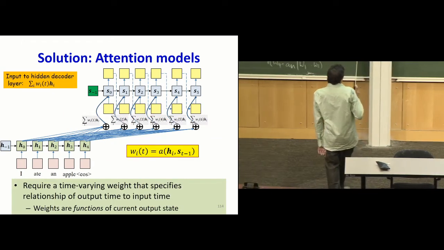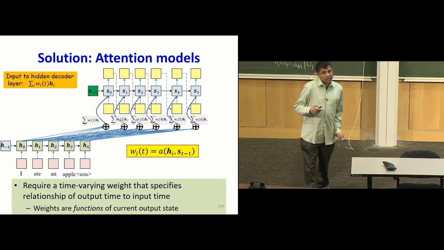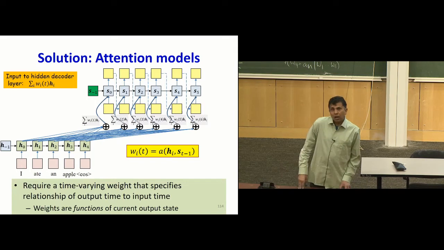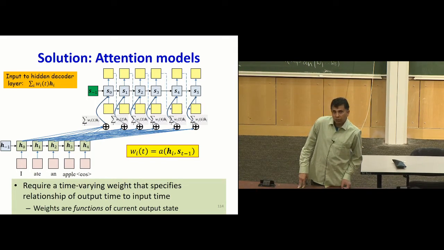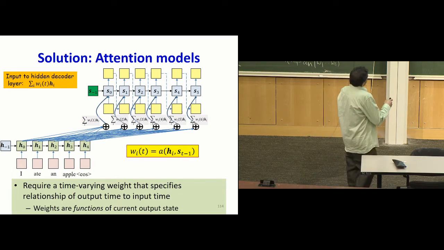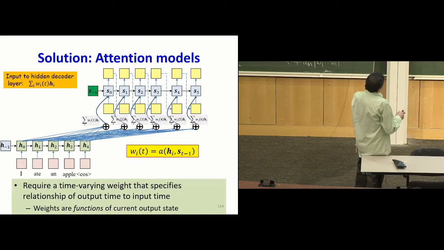Now, how do we compute these weights? These weights must somehow magically figure out which words in the input to focus on. So in other words, when I compute a weighted combination of all of these hidden representations, for example, let's say I'm converting English to German.